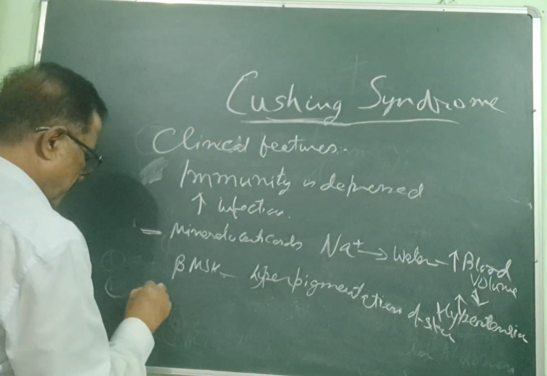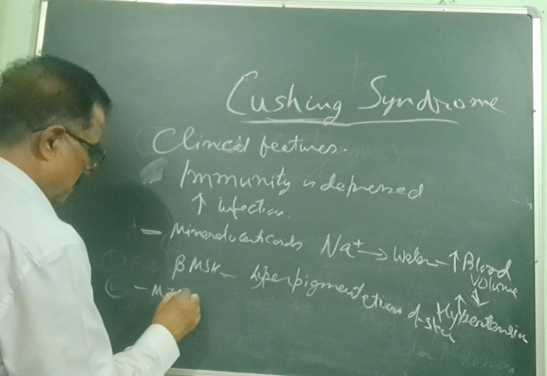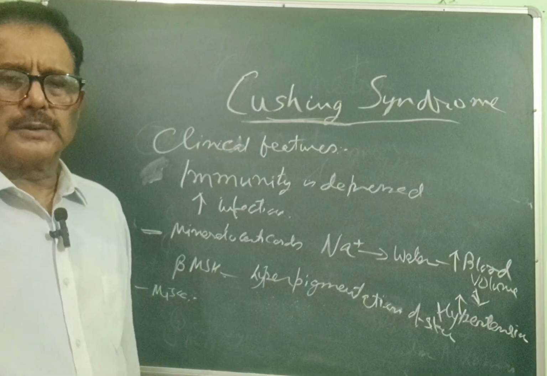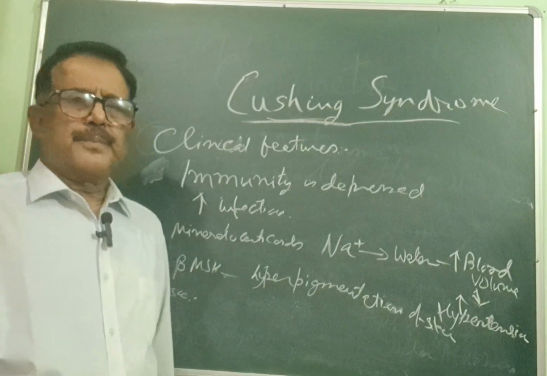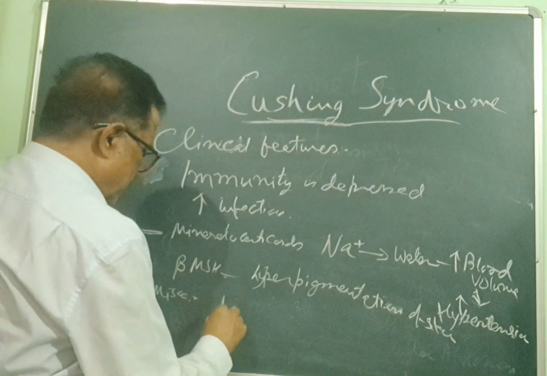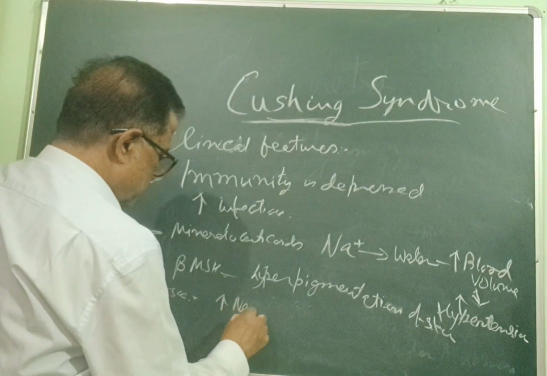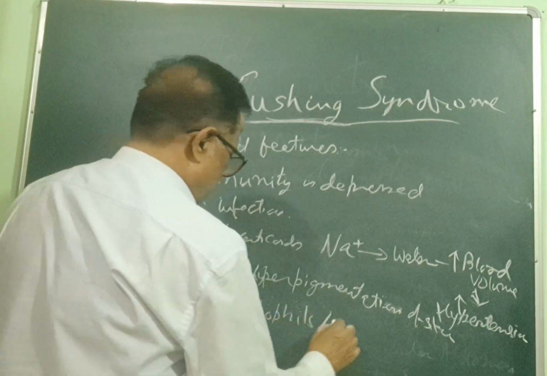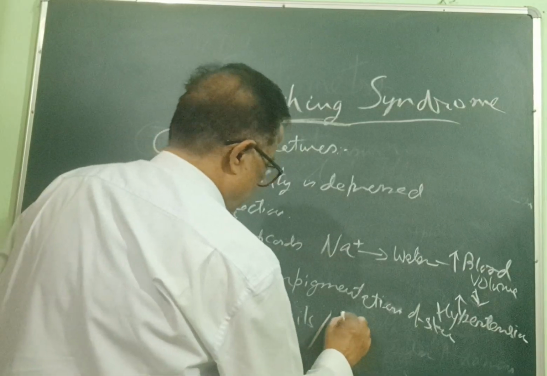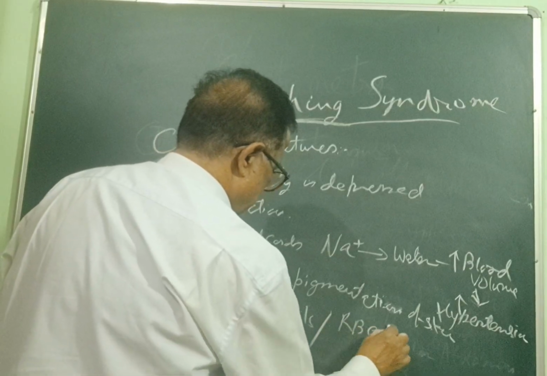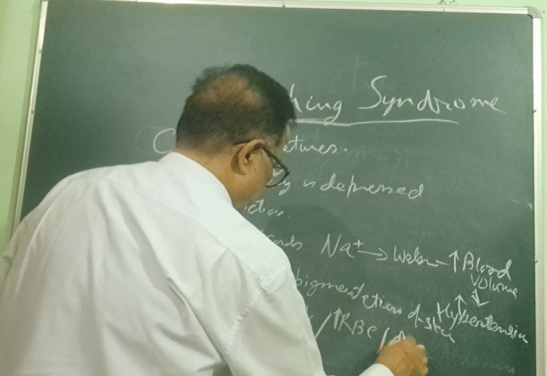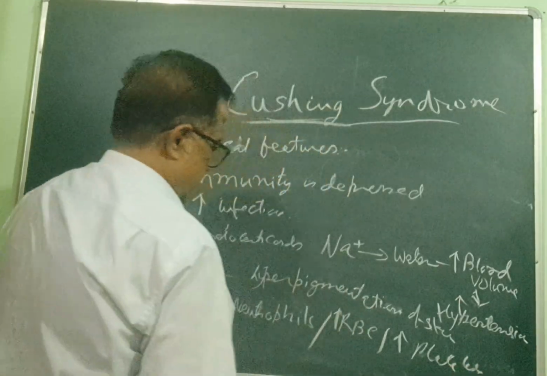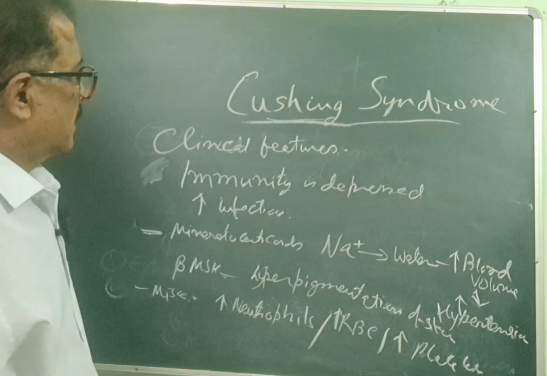Miscellaneous effects: it causes psychosis, different types of psychosis, depression, dementia, etc. Then increase in neutrophils, increase in RBC, and increase in platelets. These are the features of Cushing syndrome.